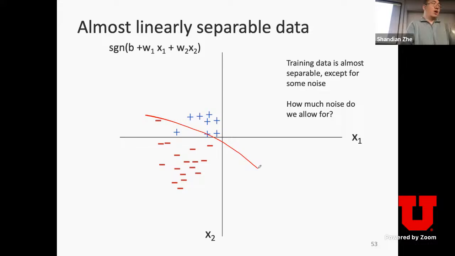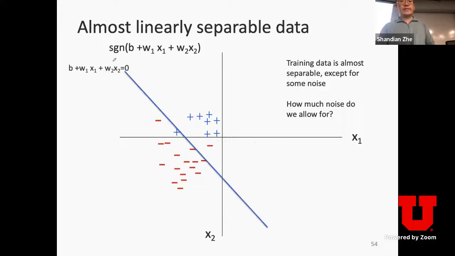But I want to avoid using models that are too flexible and too expressive, so that we can avoid overfitting. So in that case, we just seek almost linearly separable data, meaning that as long as we can draw a linear classifier which can separate out most positive examples from most negative examples, then we feel satisfied.